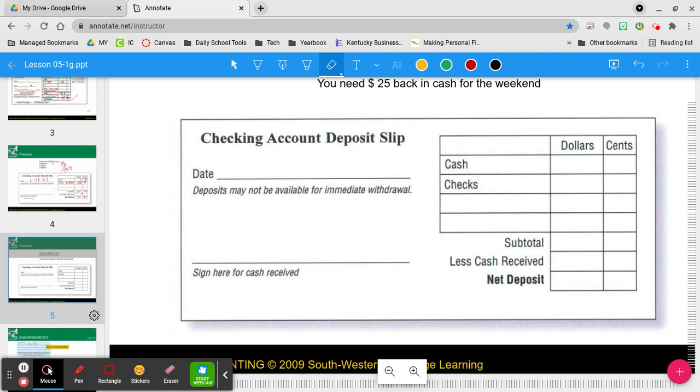You need a pencil and a calculator. We're going to do deposit slips.